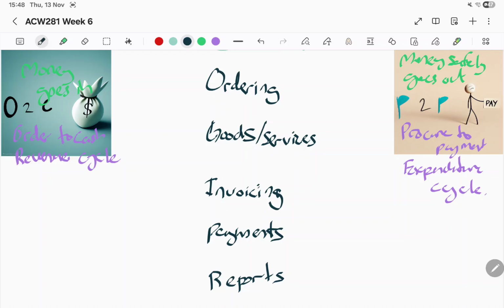You're going to go and repair the aircon, for example. Delivery, all right? Over here, let me just put delivery of the task. You've got the order, then you have the delivery of the task, and then you will give the invoice, and after that, you will receive the payment, or you pay to someone.